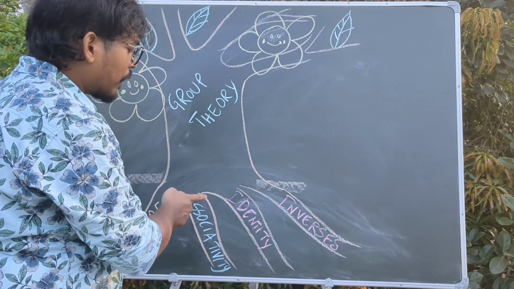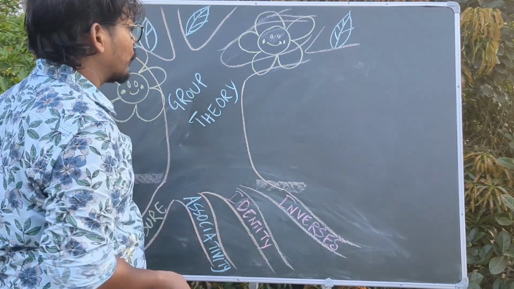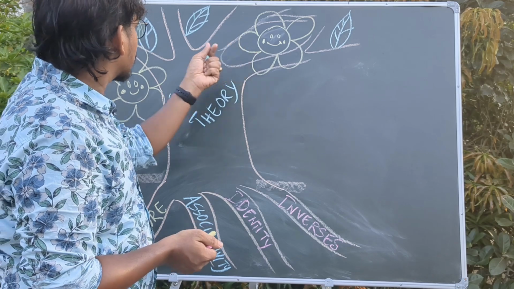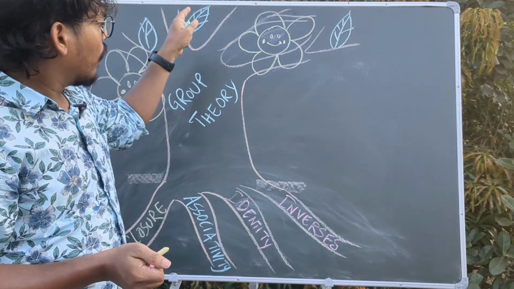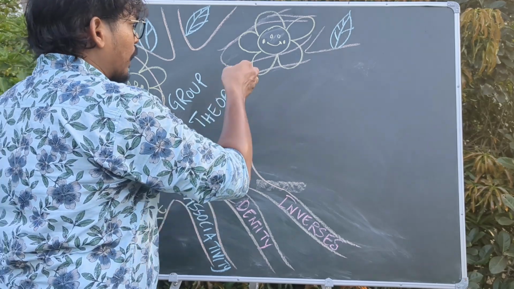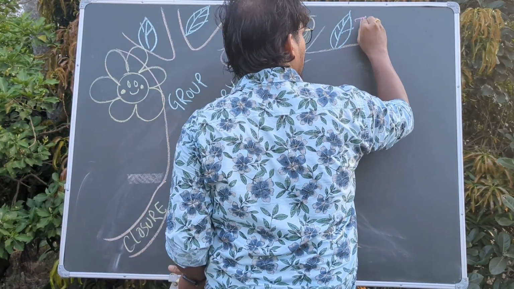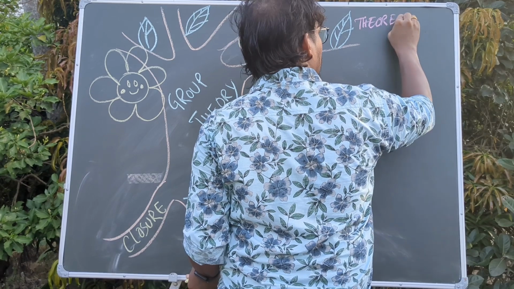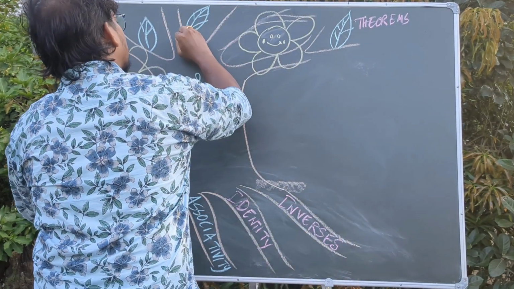And these are the building blocks of group theory, and these happy little flowers and beautiful green leaves all depend on these roots, and these are theorems. Results.